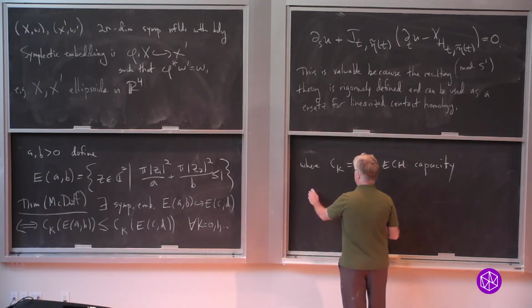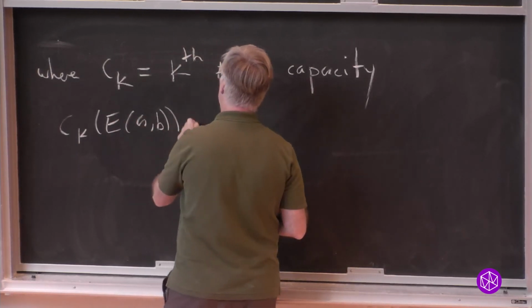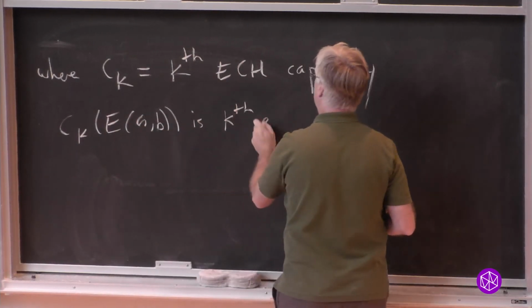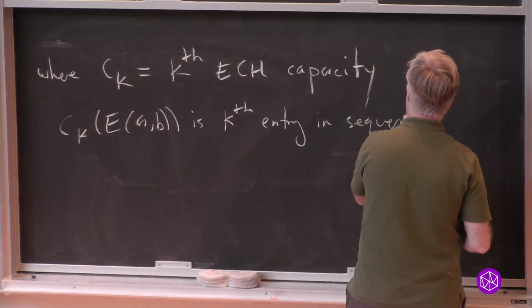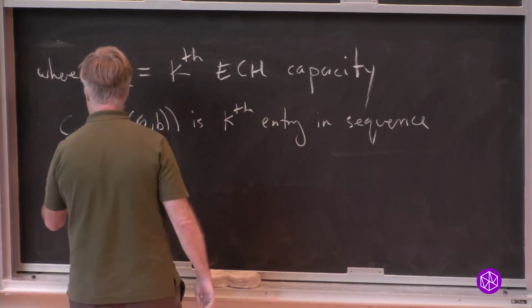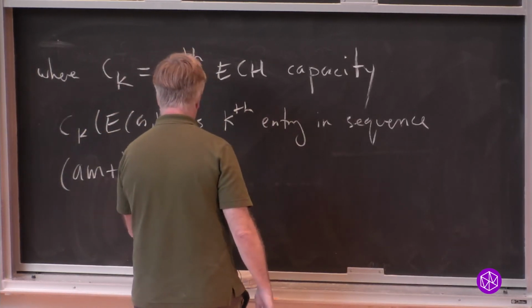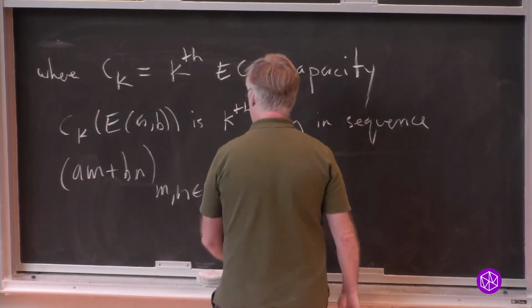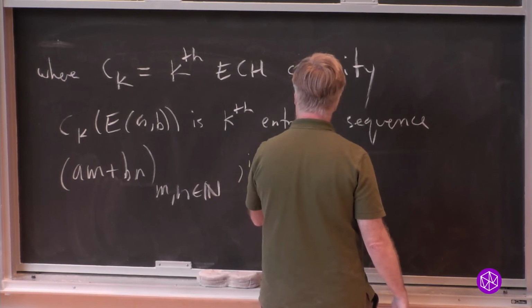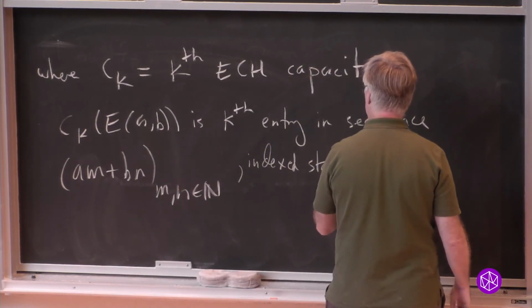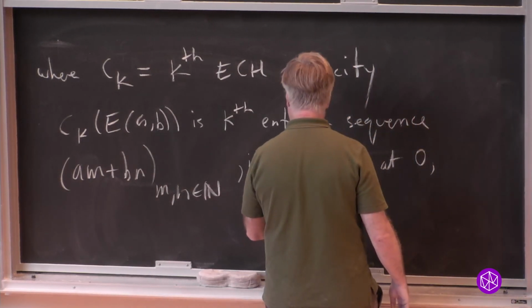So c_k of E(A,B) is the kth entry in the sequence Am plus Bn, where m and n are non-negative integers, indexed starting at 0, in increasing order with repetitions.